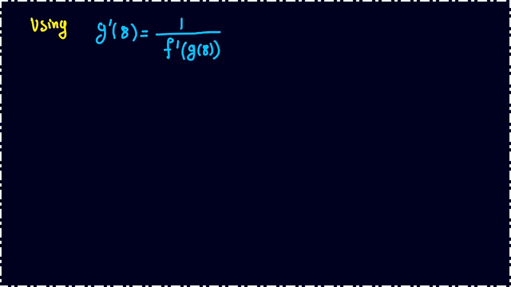So here we need two things. We need the derivative of f. We know that here f is x cubed, whose derivative is 3x squared. I also need g of 8.